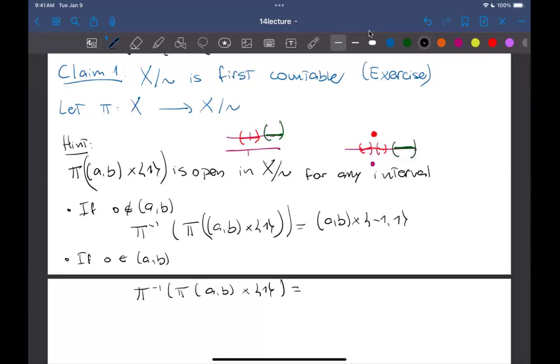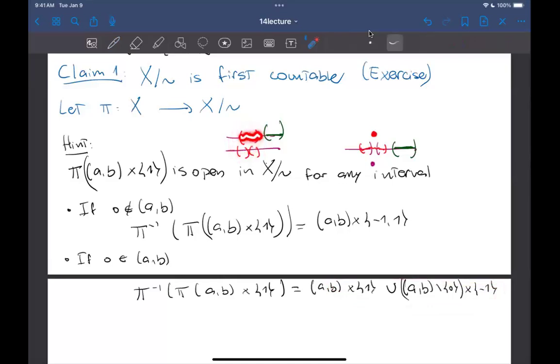So if you're here and you compute the preimage, the points that land here are, of course, these points. So it's going to contain (a, b) cross 1, but it's going to contain more. It's also going to contain (a, b) minus 0 times -1.